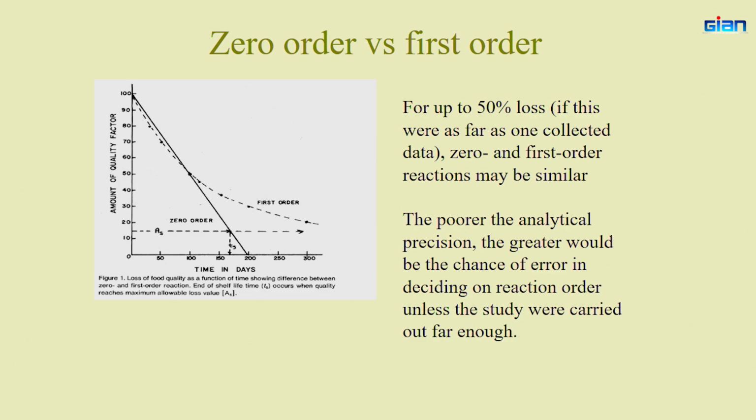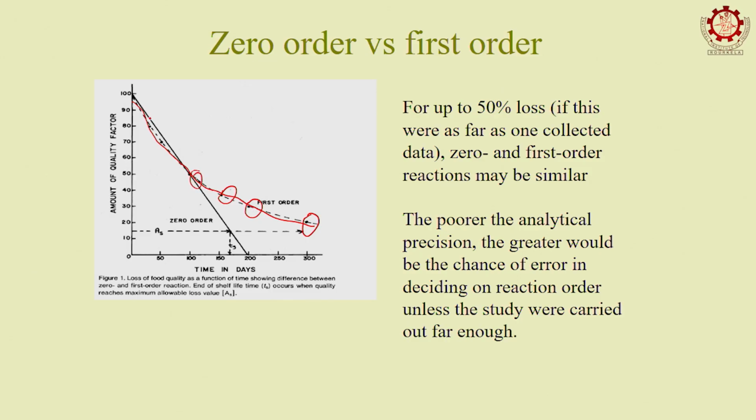Now, if you are a beginning user, one of the questions people always ask is, you have raw data, and how do I decide if it's zero order or first order? One way is to do a set of experiments and plot them with both zero order and first order, and see whether it makes sense. If you look at the data sets here, you can see the data present even here.